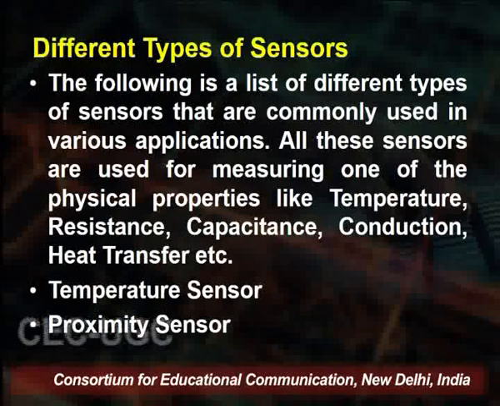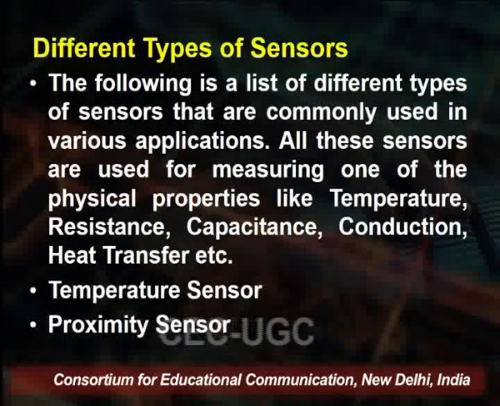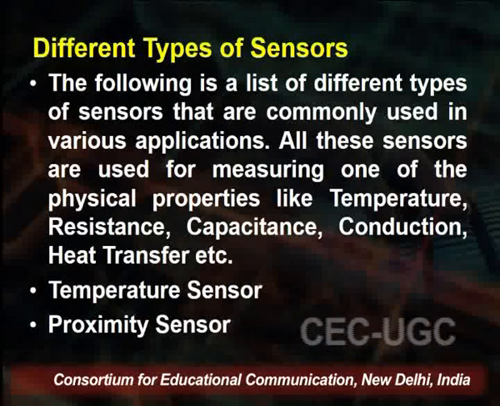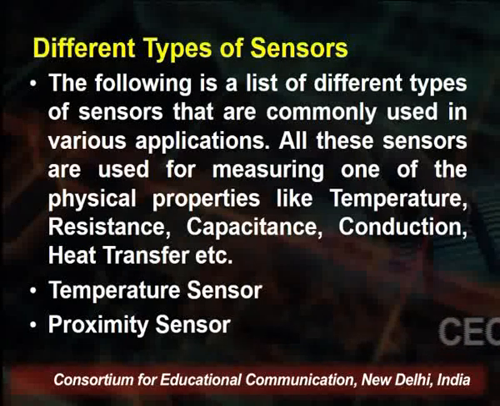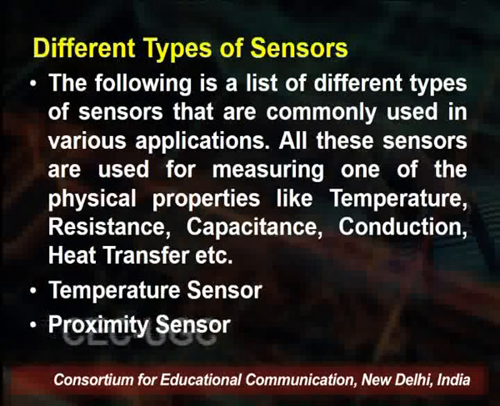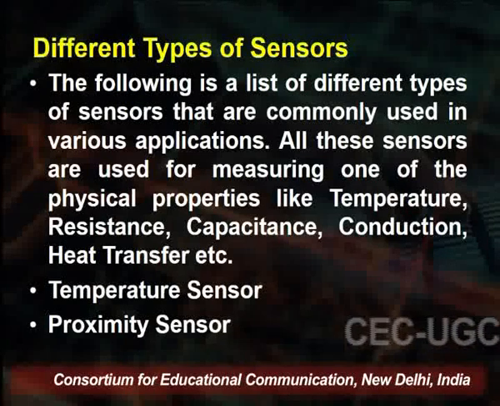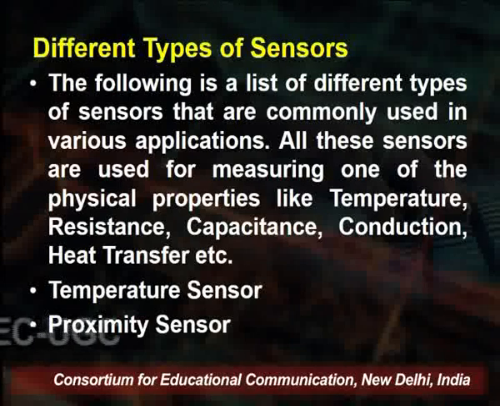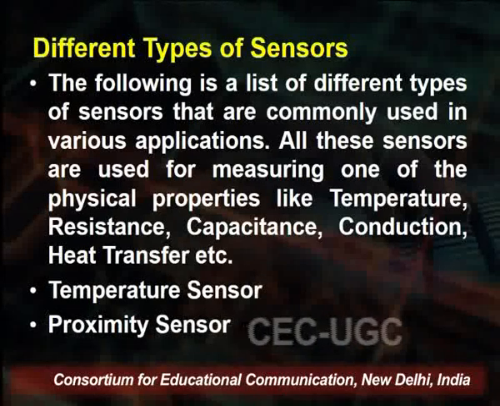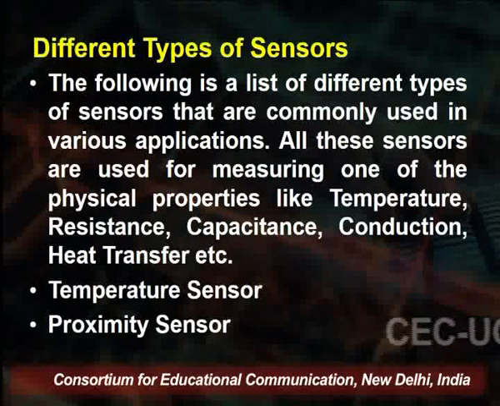There are many sensors which are commonly used in various applications, and the output or the input will be given in different forms. All the sensors are used for measuring physical properties like temperature, resistance, capacitance, conduction, heat transfer, etc. One by one we will define the various types of sensors here.